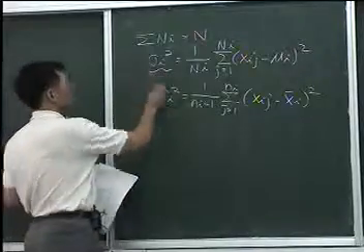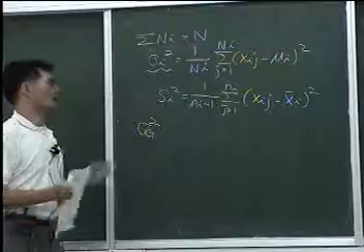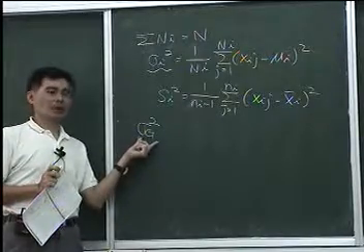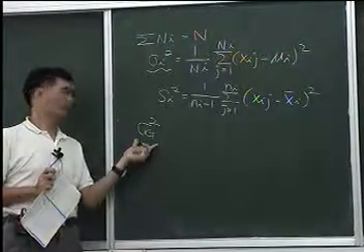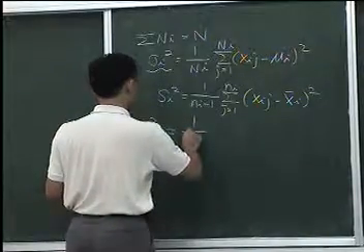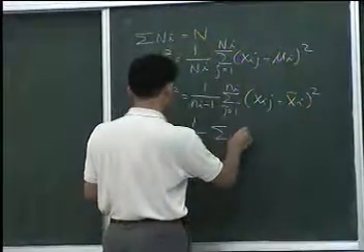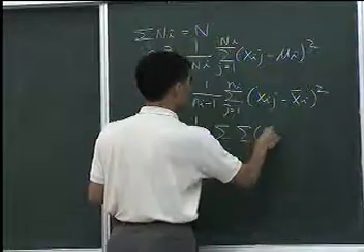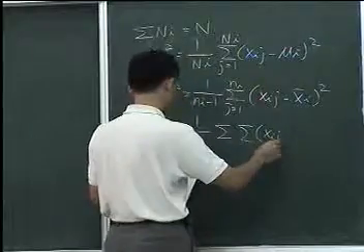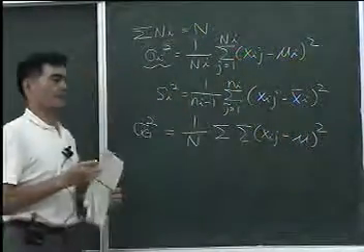So then we have these two things, right? But let us say we want to talk about the variance for the whole population. Okay, the variance for the whole population. What should this be? It should be equal to 1 over n, and then summation xij minus mu squared, right?